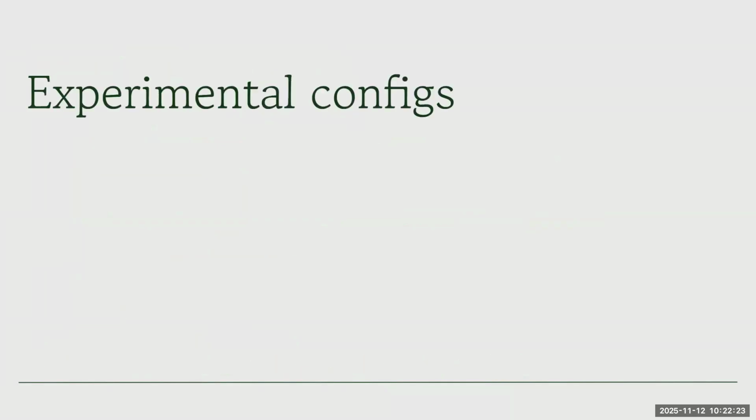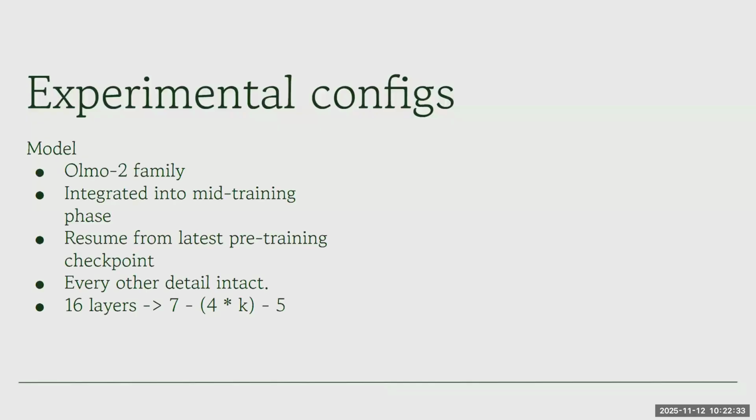So experimental config, this was also where the approach of the authors of this paper was pleasantly surprising. What they decided to do was integrate this ETD approach into the mid-training phase. So you take a pre-trained model before it has been post-trained, then you apply this.